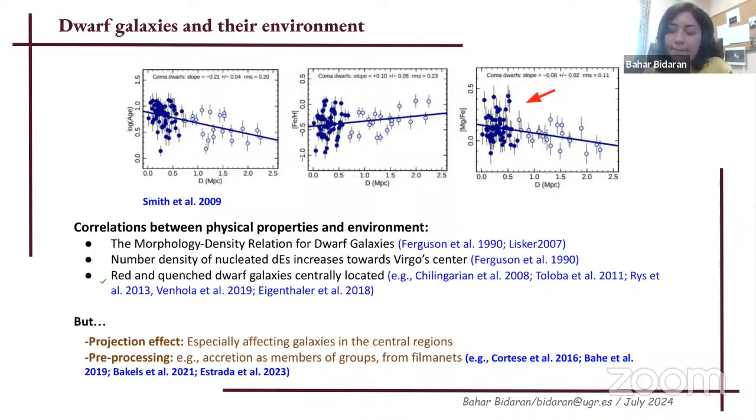Any questions from Zoom or YouTube? I have one question: what surveys are you going to use in the near future and their methodologies to continue this interesting research on dwarf galaxies and their environment?